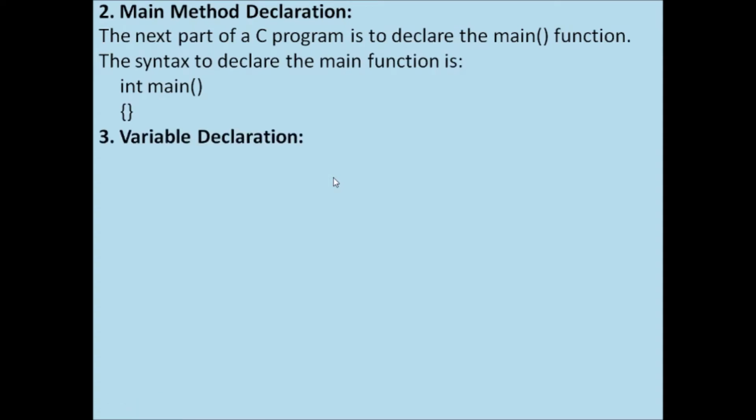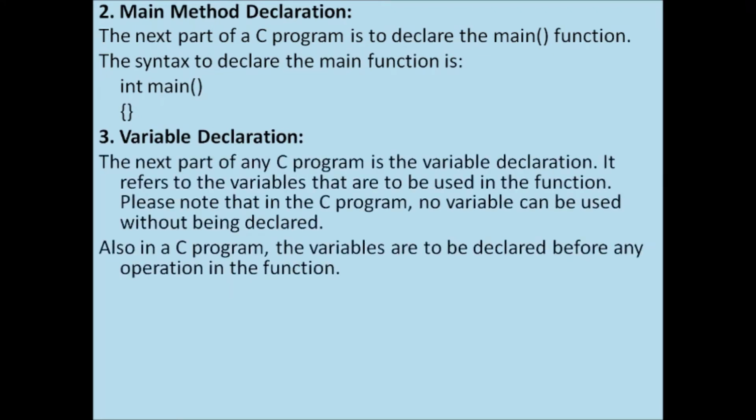And the next component is variable declaration. After the open curly brace there will be variable declaration, and the variable can be declared with any kind of data type. So we have some set of data types. Using that data type we can declare the variable. Without declaring any variable, we cannot use it in our program. If we want to use any variable in our source code, it should be declared first.